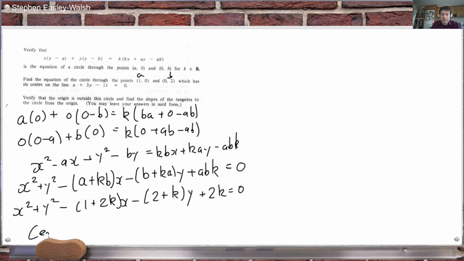So the center is at 1 plus 2k and 2 plus k, both over 2.